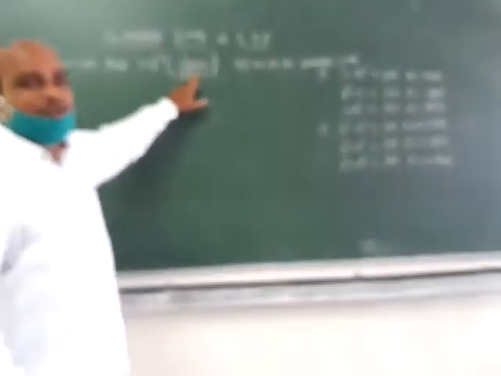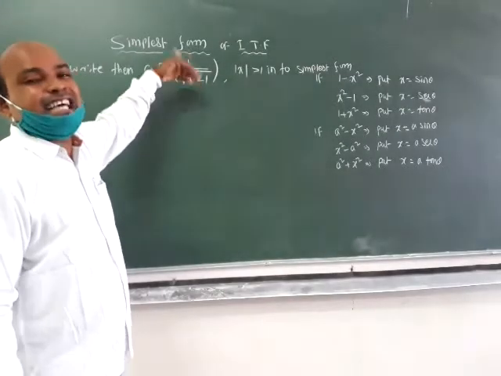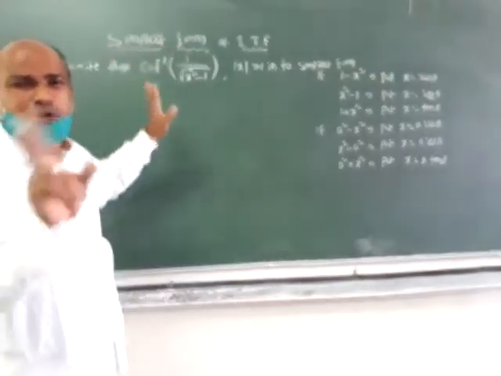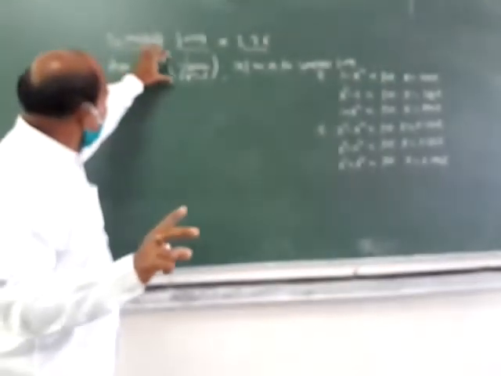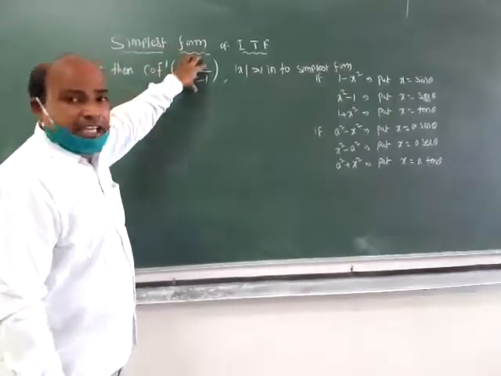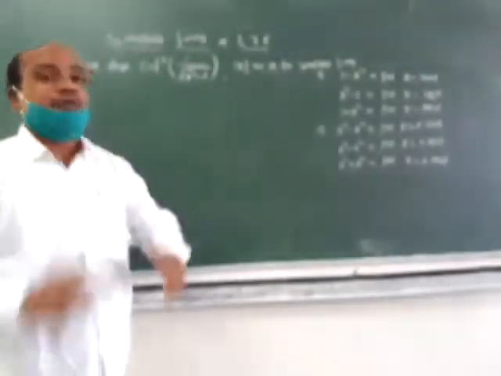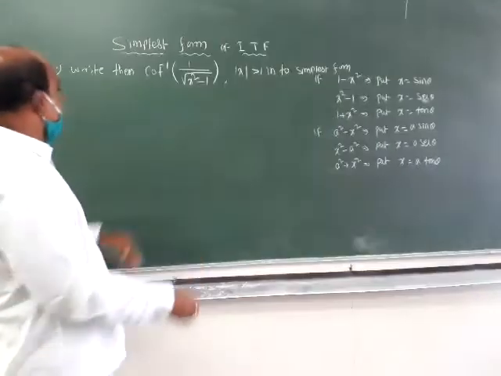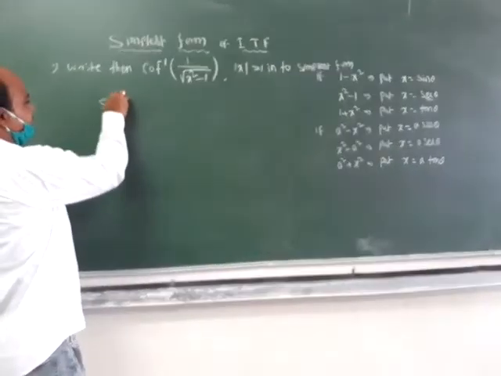Then it will be easy for you. But don't try to make sine, cos, sec, cosec. No need. Whatever is given in the bracket before inverse trigonometry, try to convert that inside trigonometric function.